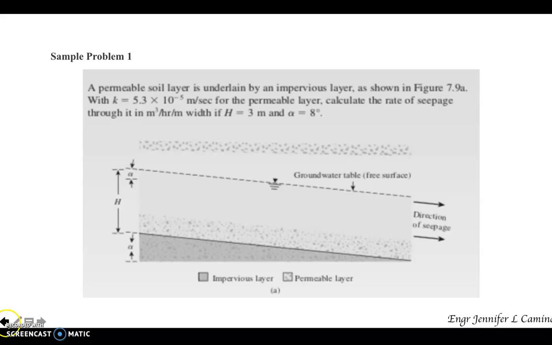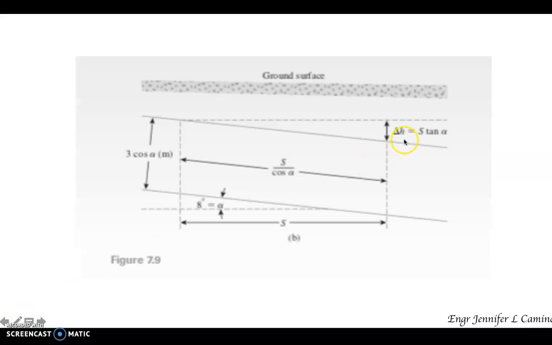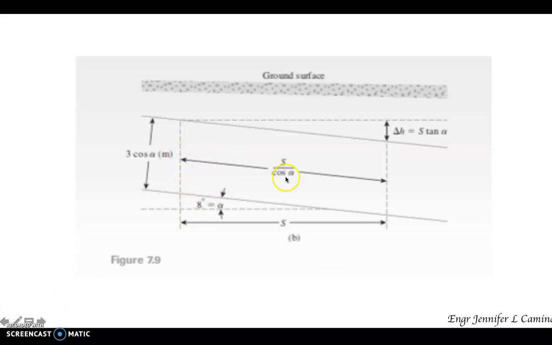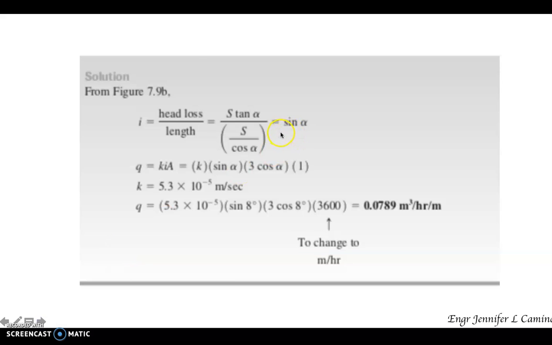From the surface towards the surface, that is our head loss, which is equivalent to S tangent alpha, and our L is the length, which is S over cosine alpha. So the length of the soil sample is S over cosine alpha. And if we substitute and simplify, that is sine alpha.